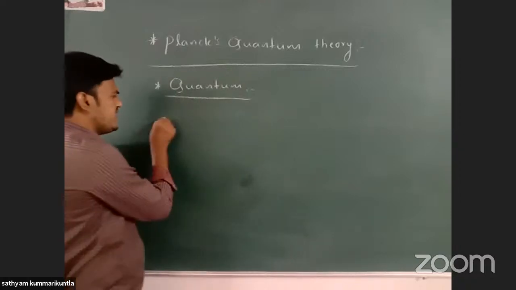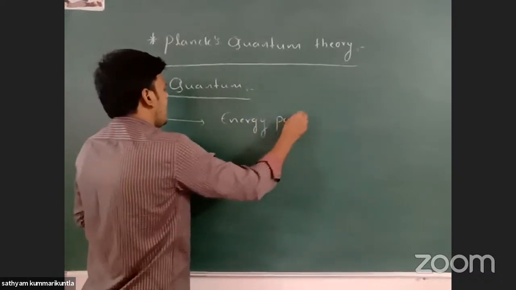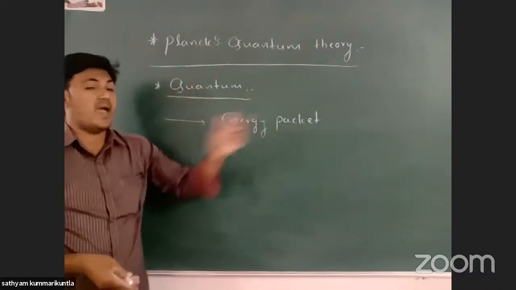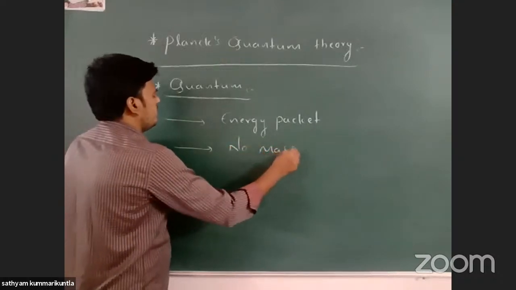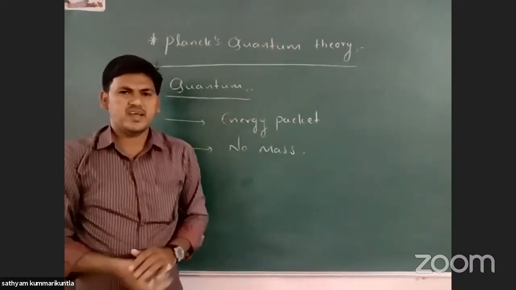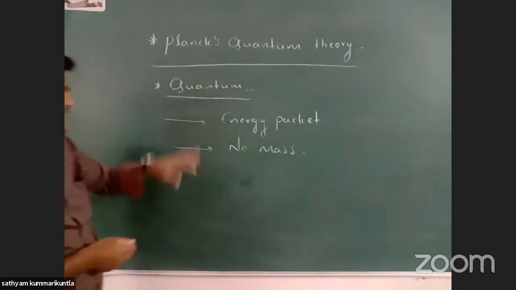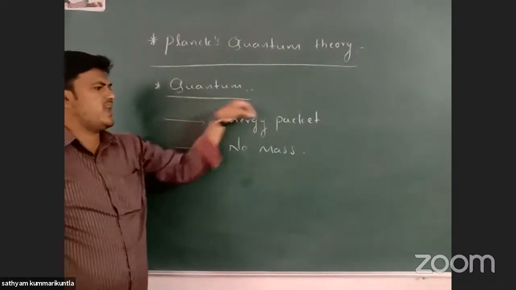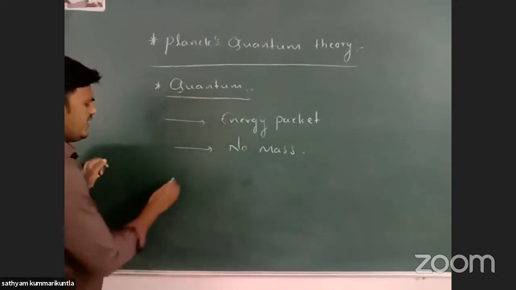Quantum is just an energy packet, and it has no mass. So first, a black body is an ideal body which can emit and absorb energy at all the frequencies of electromagnetic radiation. And second, quantum is just an energy packet, and it has no mass. And finally, the energy of quantum.